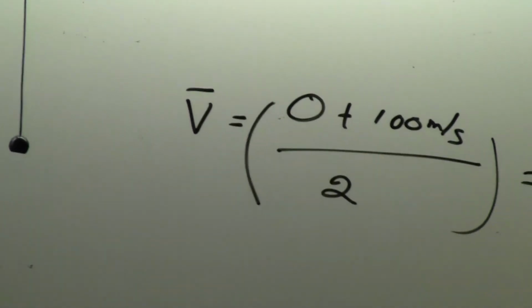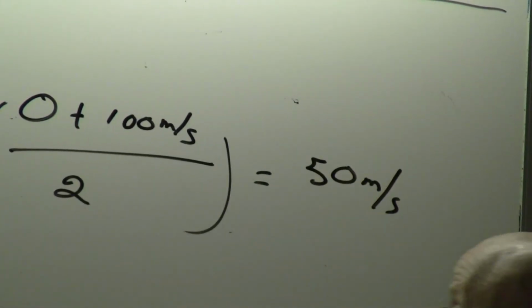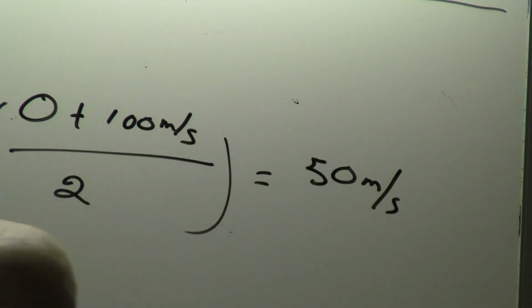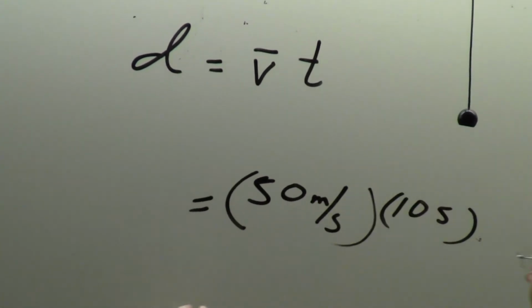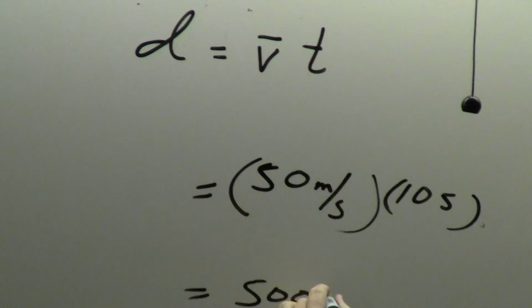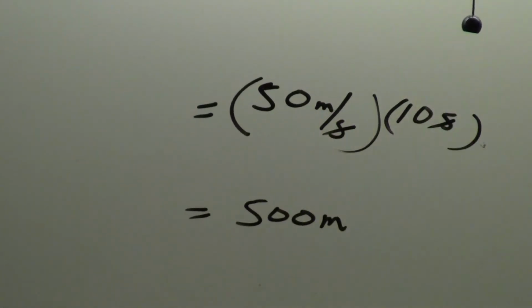And so it has an average speed of 50 meters per second. So I'll come over here and say this is 50 meters per second for the average speed for 10 seconds. And so this is 500 meters. And so this thing would have dropped 500 meters.